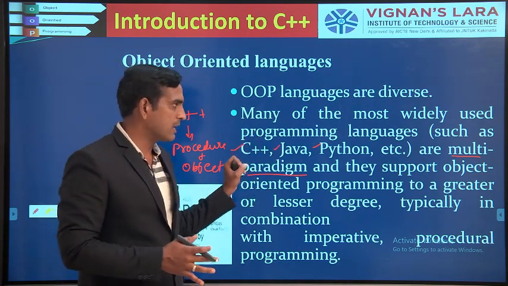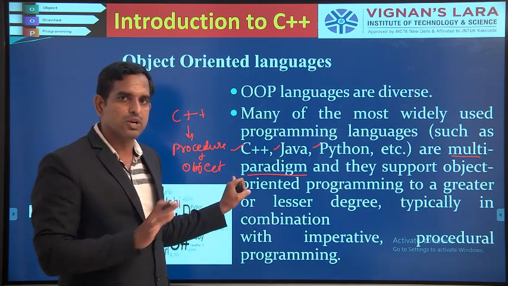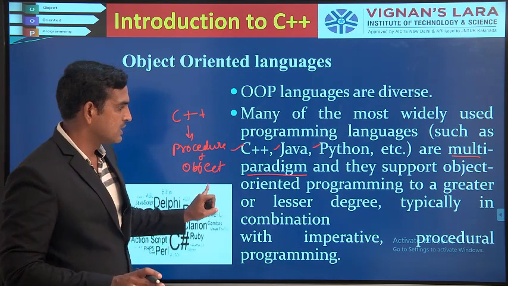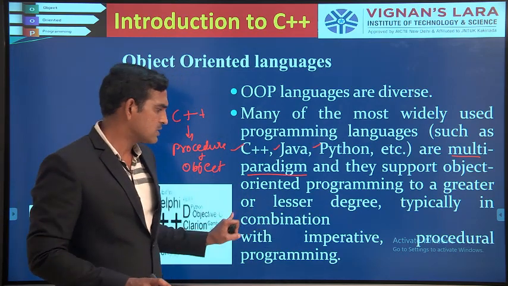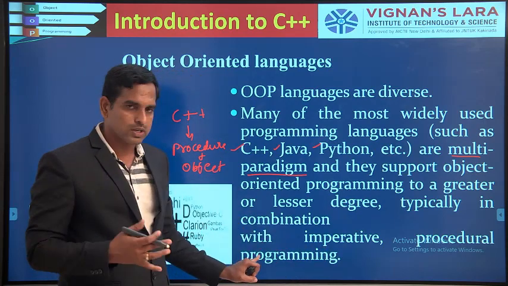So all the major languages you are seeing are multi-paradigm languages. They are not purely object-oriented; they have some degree of combination with imperative procedural programming languages.